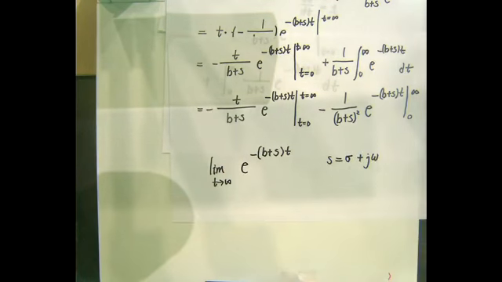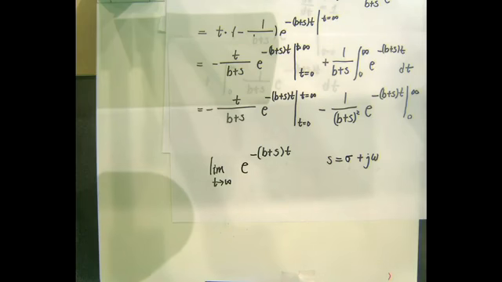I don't care about j omega, because e^(j omega t), whether minus j omega or positive j omega, take the absolute value: the amplitude is always 1, because the real part is related to cosine omega and the imaginary part is related to sine omega.